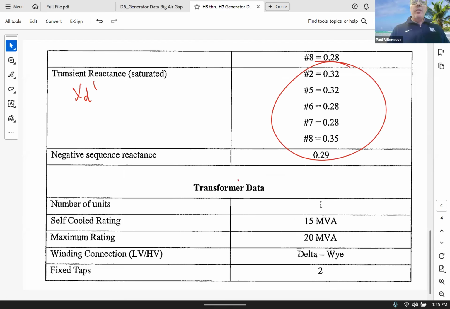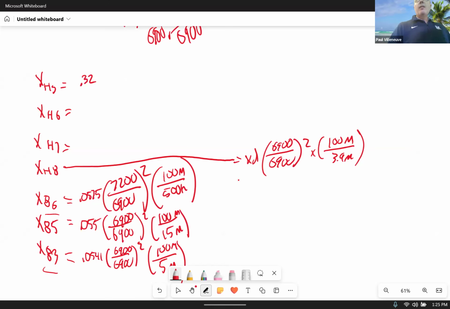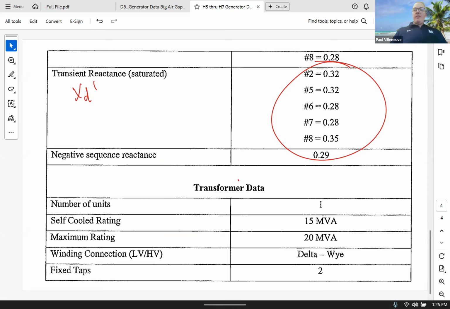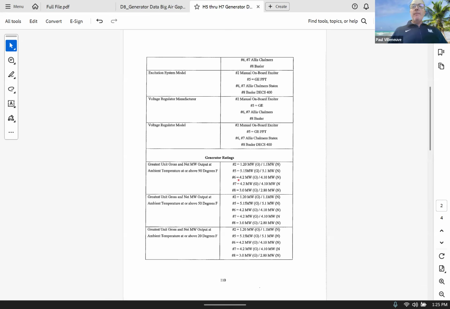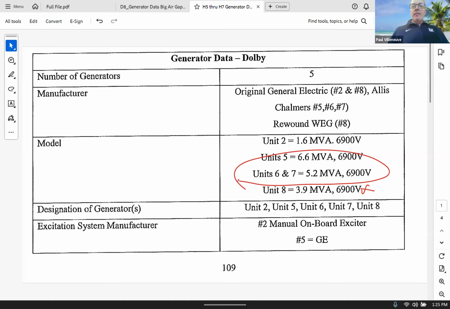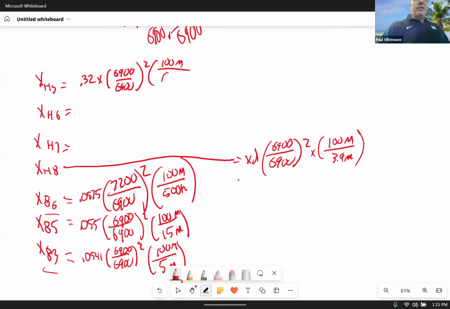So 0.32 times the voltage, 6,900 over 6,900, quantity squared, and then my SB new is 100 MVA, divided by 6.6. And that's how you converted that impedance.